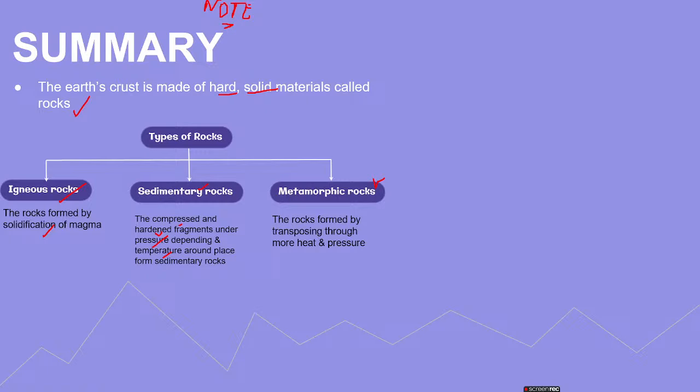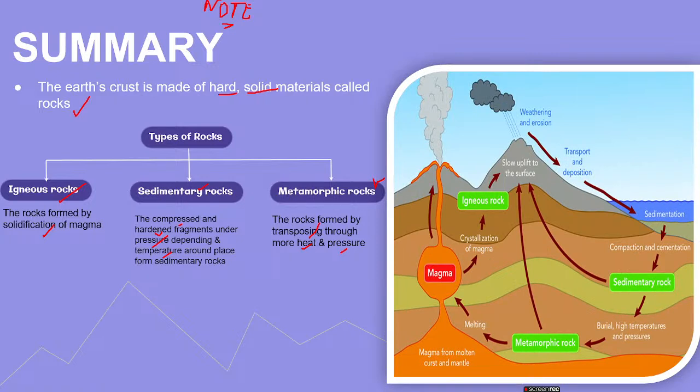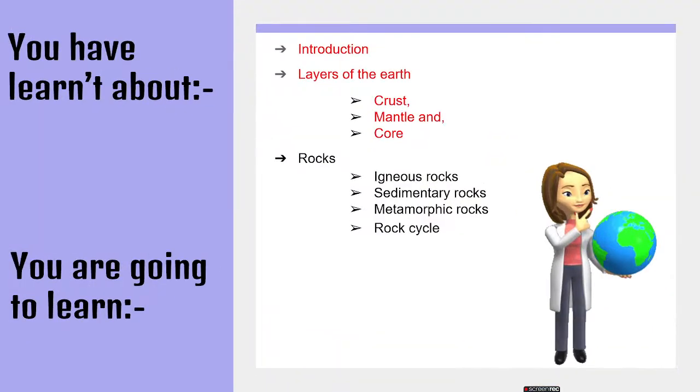And metamorphic rocks are formed by transforming the rocks from sedimentary or igneous to metamorphic rocks using heat and pressure. The important components are heat, pressure and temperature. And next we have discussed the rock cycle, how the magma forms igneous rocks, igneous forms sedimentary to metamorphic, back to magma. So this is about the rock cycle, and I hope you have understood today's class.